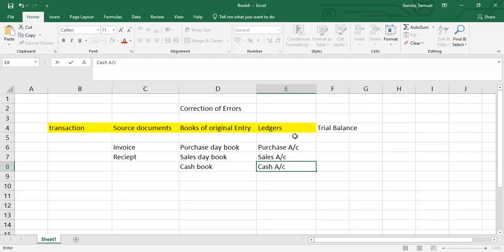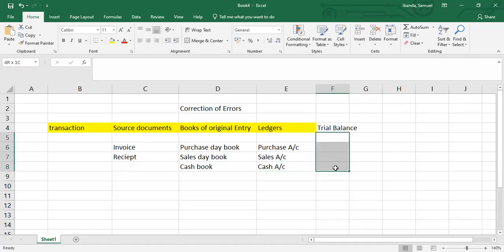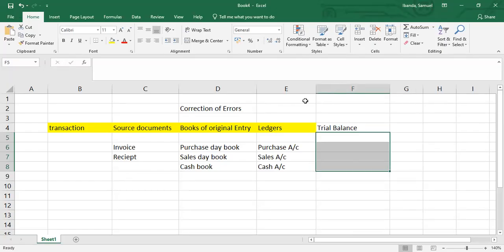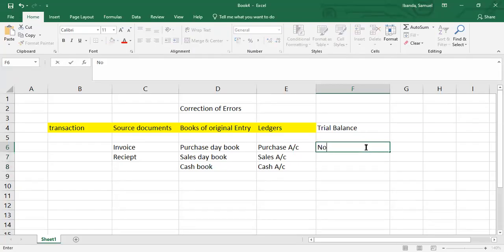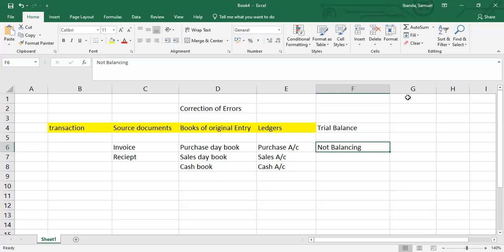And you know that the trial balance is basically a list of accounts. So there are cases where you get to the trial balance and your trial balance is not balancing, okay? Your trial balance is not balancing. Now, in that case, it shows that you've made some errors along the way.